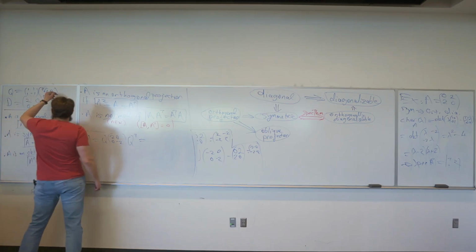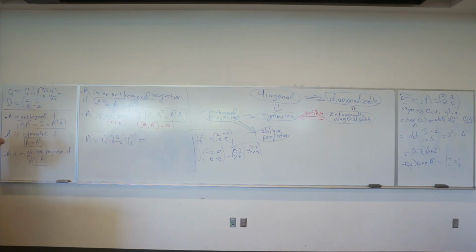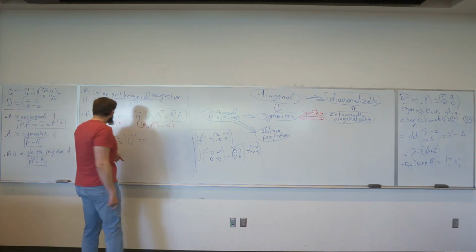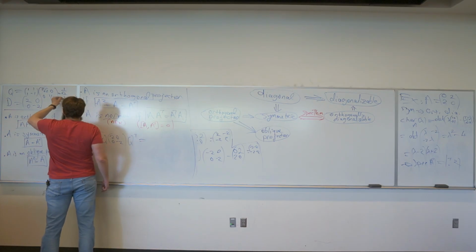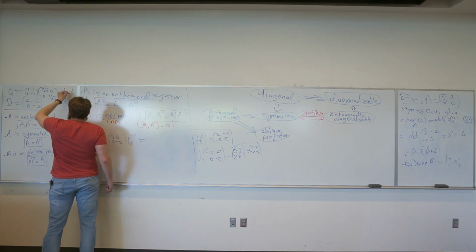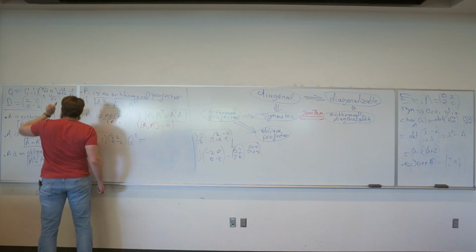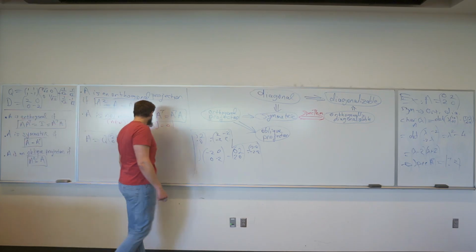But in general, you're going to do some calculations, and then the magnitudes of the solutions that you come up with are going to be distinct, in which case the algebra is going to be more complicated. Never mind. So this is 1 over root 2, 1 over root 2, 1 over root 2, minus 1 over root 2. That's your orthogonal matrix.